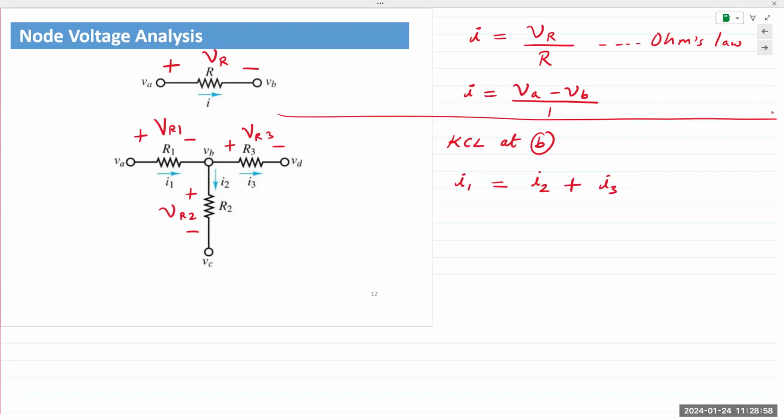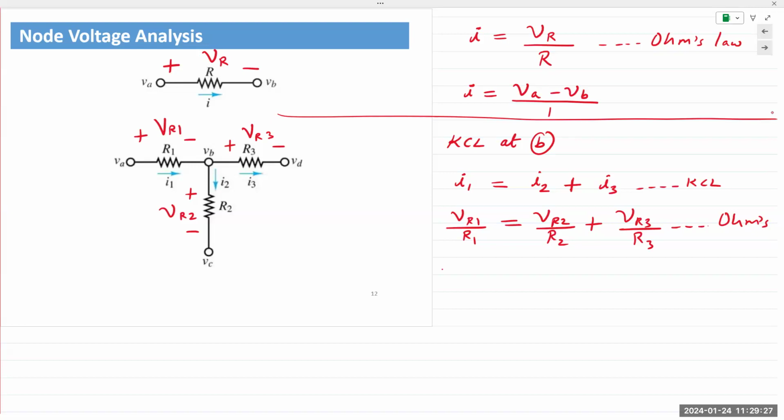Next step is Ohm's law. From Ohm's law, I get VR1 divided by R1 is equal to VR2 divided by R2 is equal to VR3 divided by R3. Ohm's law. And then finally, you would express each resistor voltage in terms of the node voltages.